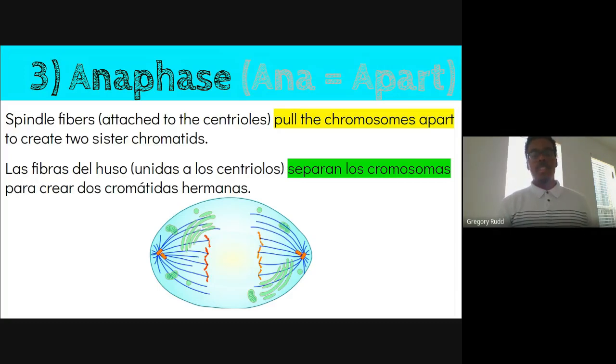Those centrioles are just like the reel of a fishing rod. They reel the spindle fibers in, and by doing so, they pull the chromosomes apart.